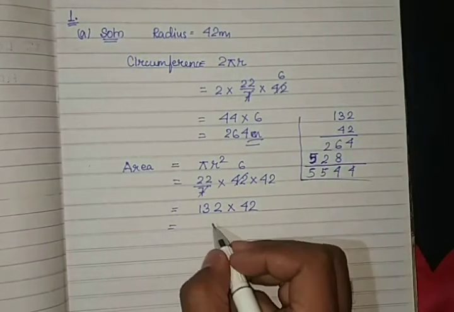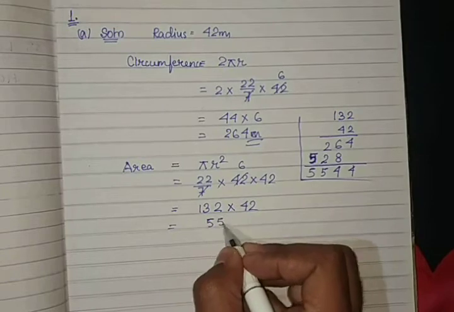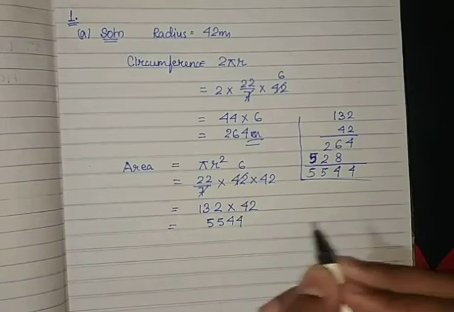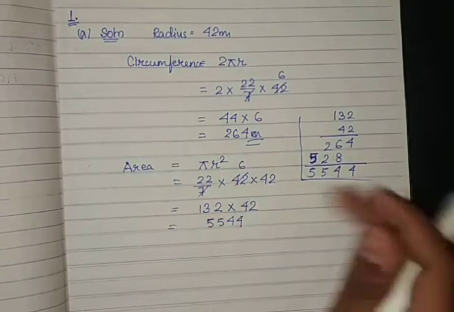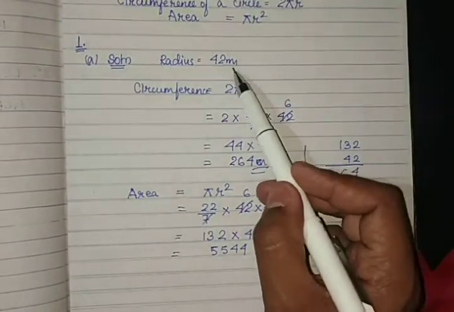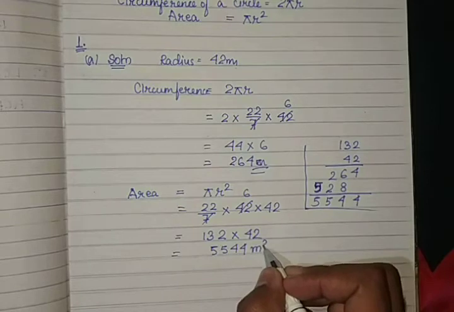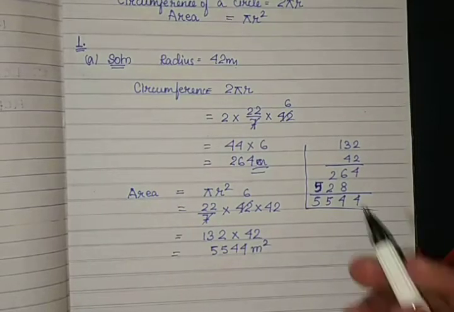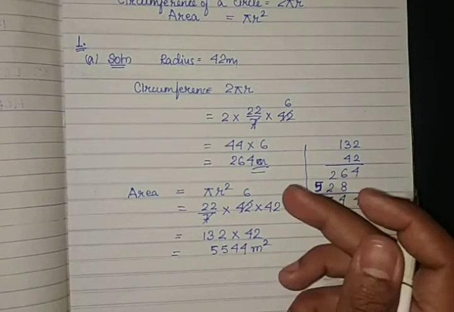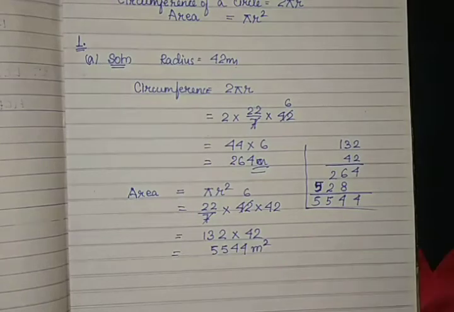So this will be 5544. Just one change is there: in case of area, whatever unit is given to us is written in terms of square, meaning 1 meter square will come here. Similarly, all the questions of question number 1 can be solved.